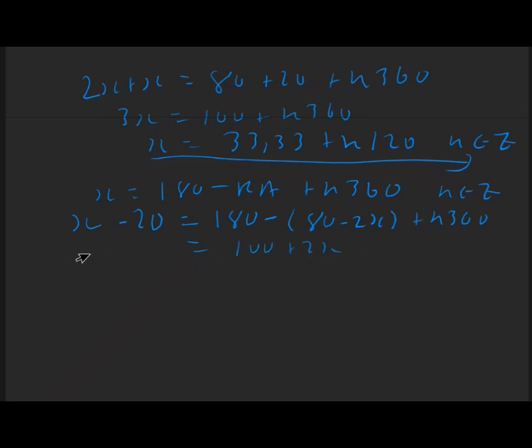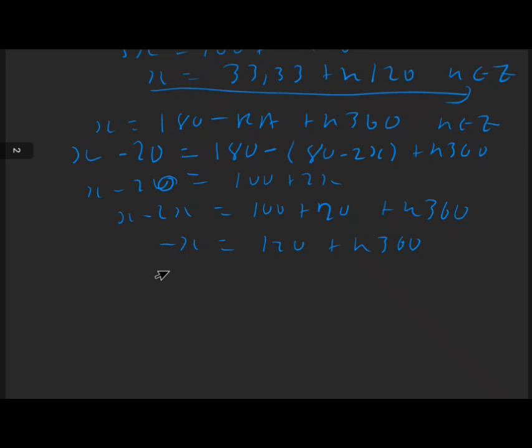So this is going to be x minus 20. But if I take 2x, this side is going to be x minus 2x, right? And then this 20, if I take it to this side of the equation, it's going to be 100 plus 20. So plus k 360. Alright, so now x minus 2x is minus x. 100 plus 20 is 120. So plus k 360.